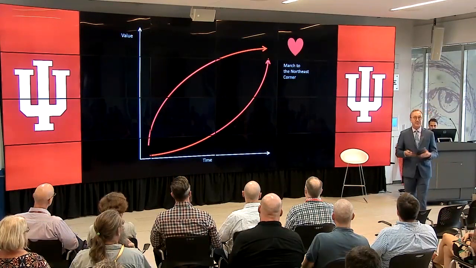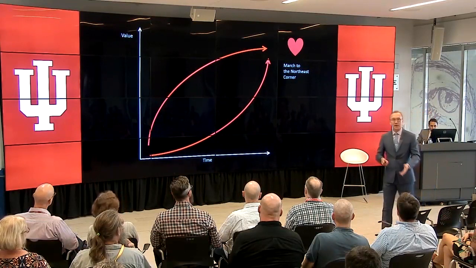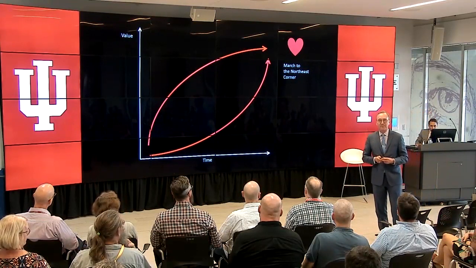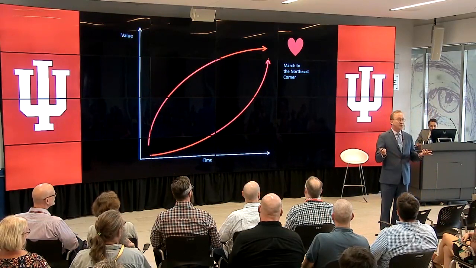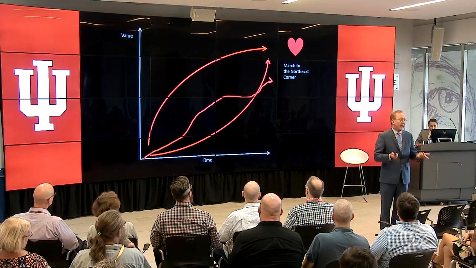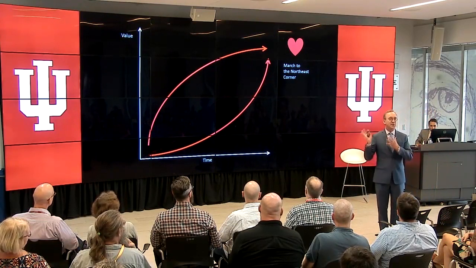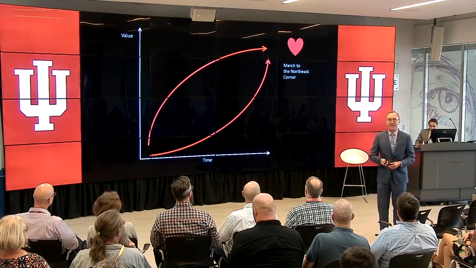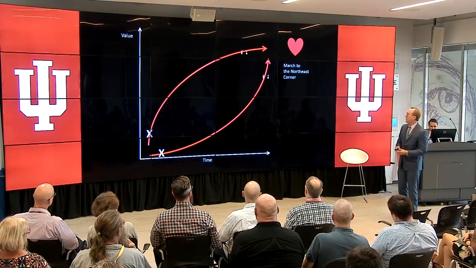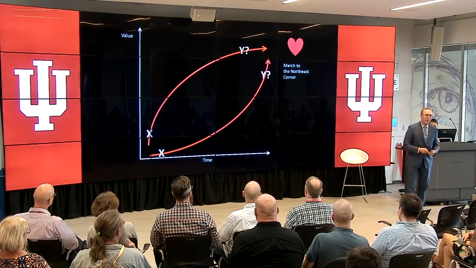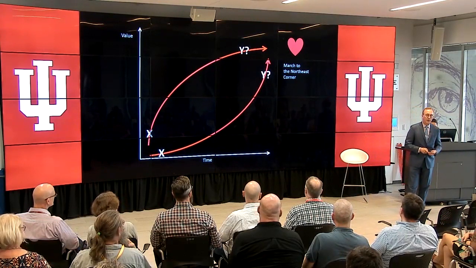They may look like this, they may look like that, and we love this march to the northeast corner. Then in this slide, I would say, but not all curves are like this, some are like that. But I'm a business professor, so we assume away reality because it's easier to talk about curves that look like this. So with curves, it's a little harder to know, when you're given an X, what Y will happen over time down the way.